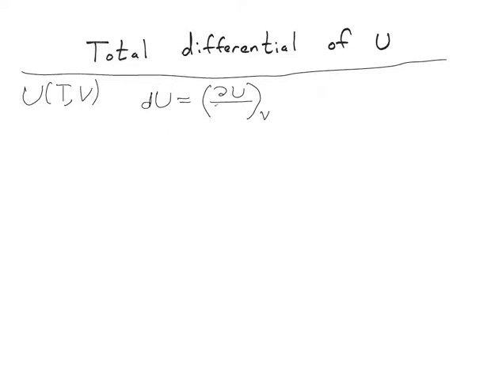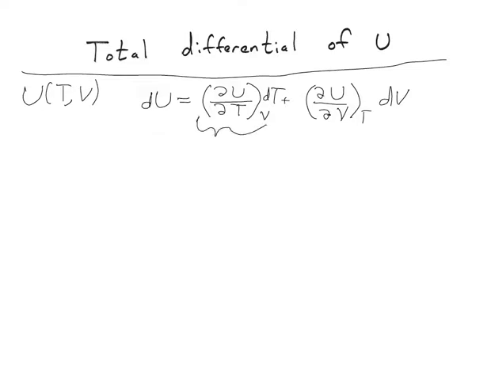Change in U with T, dT, and the change in U with V, dV. Oops, I didn't leave myself much room for the dT, did I? Okay, you should have something like that. Great. Now that's a little bit of a cumbersome statement, and so what we do is we give these things names.